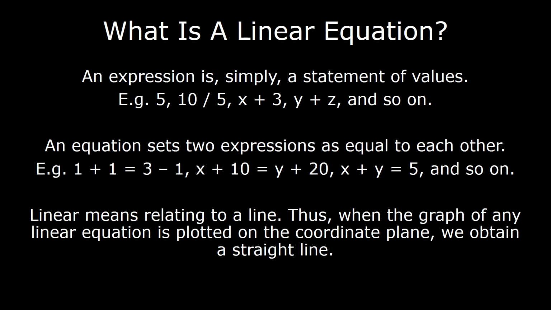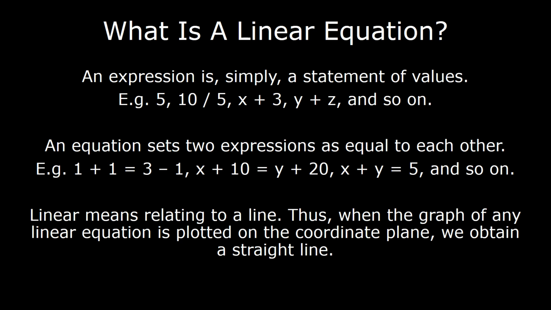What an equation does is that it sets two expressions as being equal to each other. So there is an expression to the left, an expression to the right, and an equals to sign between them, and an equation is claiming that the left hand side expression is equal to the right hand side expression.